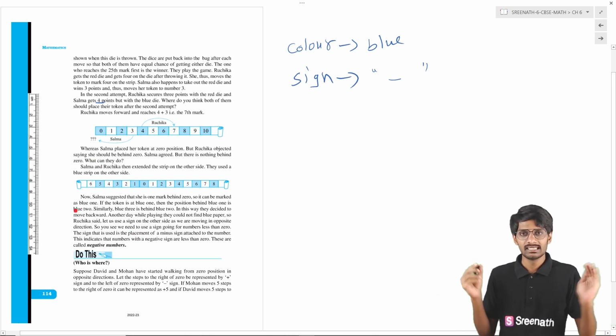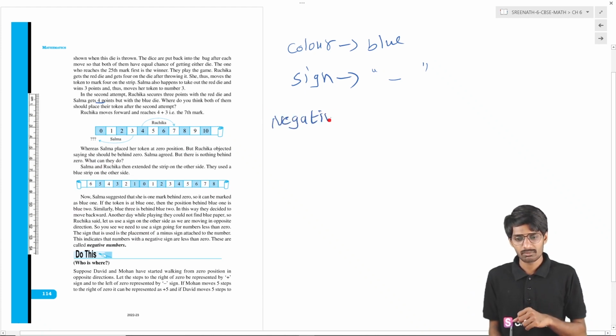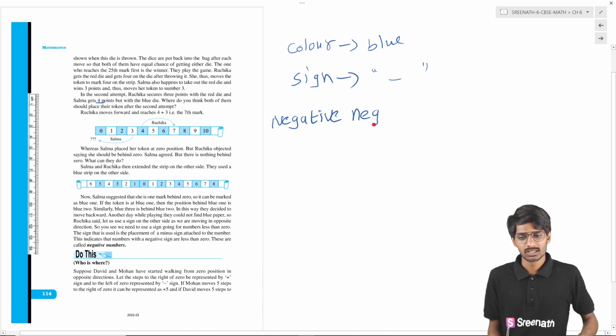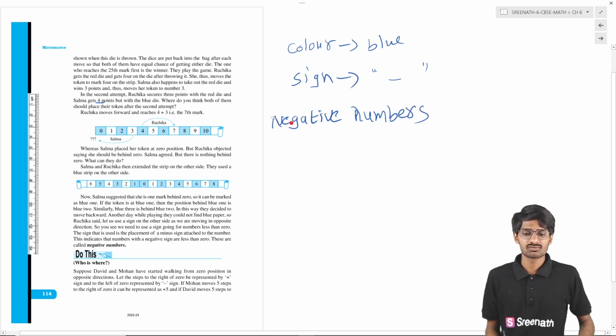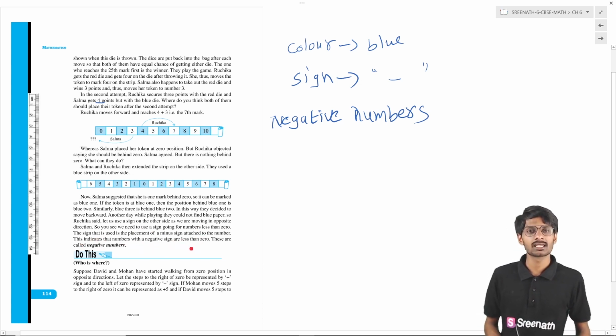So in this way we are finding the negative numbers. What are those numbers? Negative numbers. Why negative numbers? The numbers which are represented by a minus symbol before the number are called negative numbers. This indicates that the numbers with negative signs are less than 0.